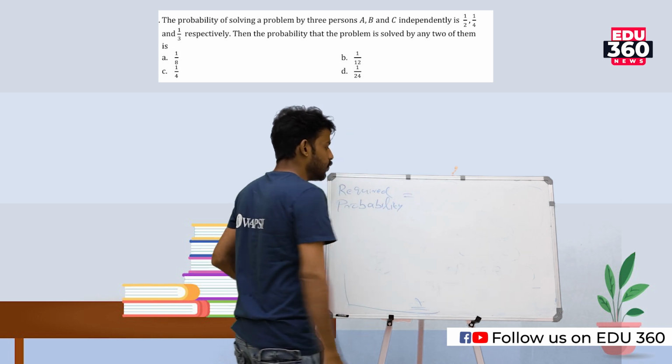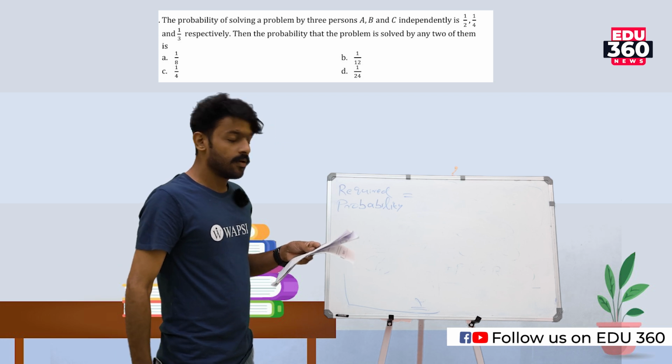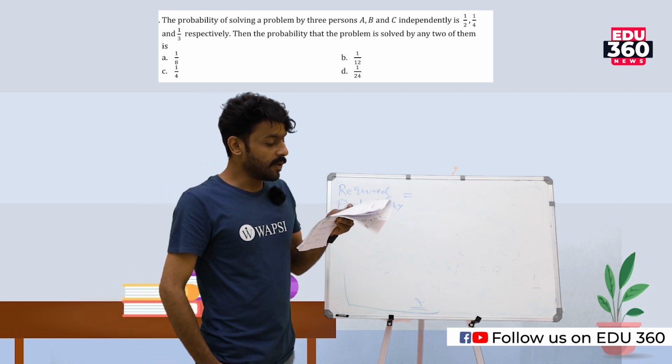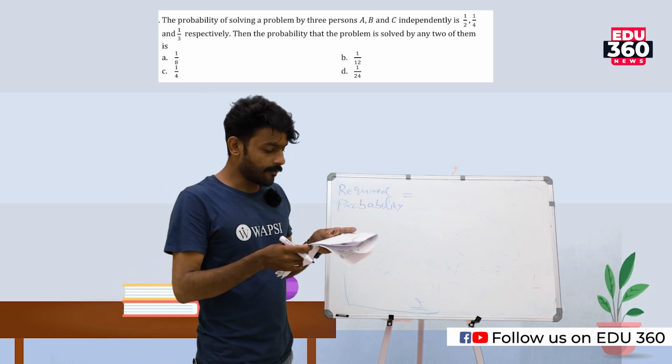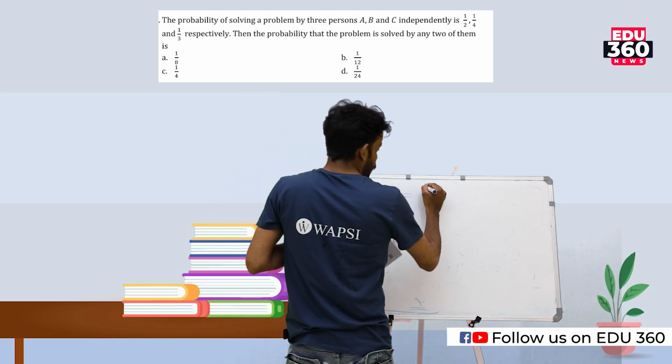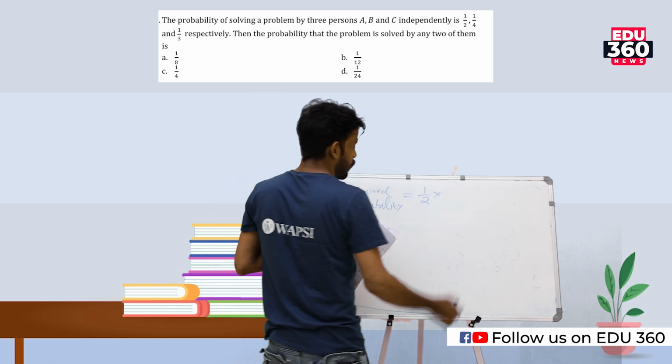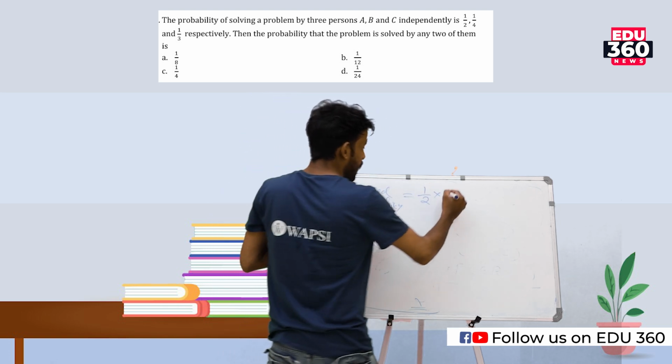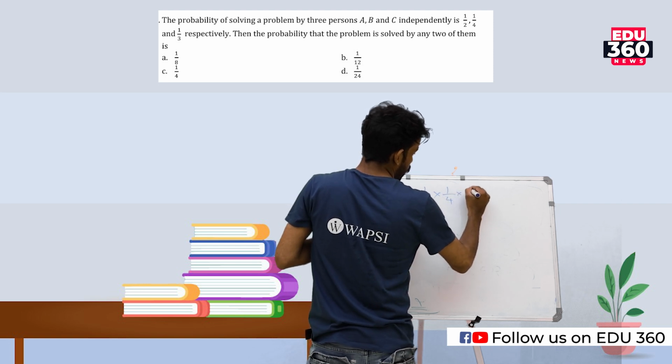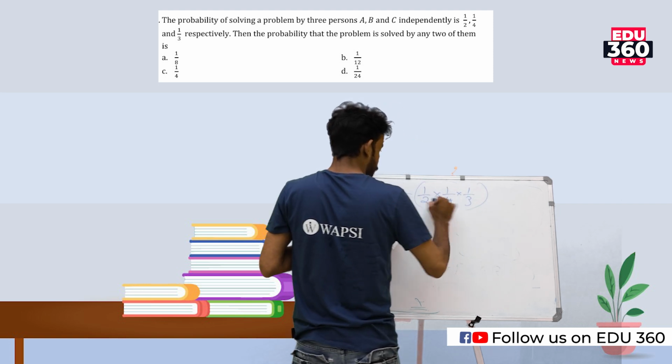Required probability is equal to P of A dash B C, that is 1 by 2 into 1 by 4 into 1 by 3 for the first one.